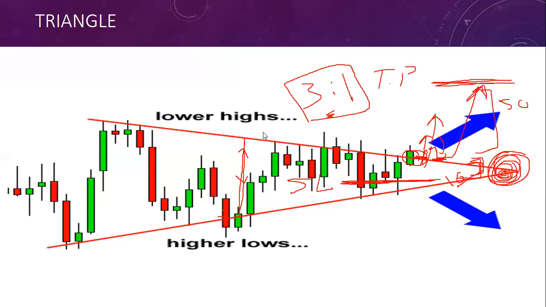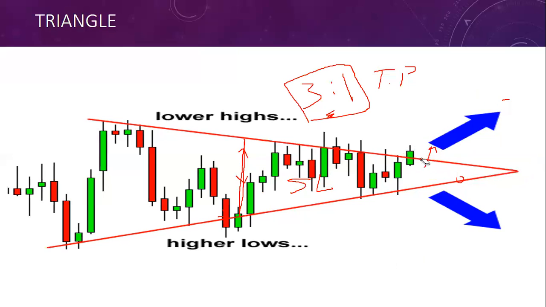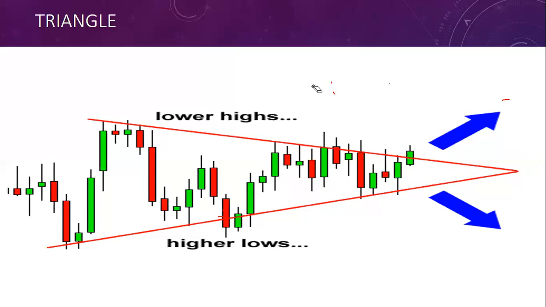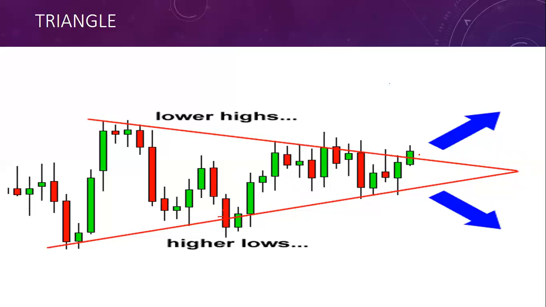Let's say another thing. For example, let's delete this. And if, for example, I didn't see the price when it broke and started to go up here and up here, and then I saw the price here.